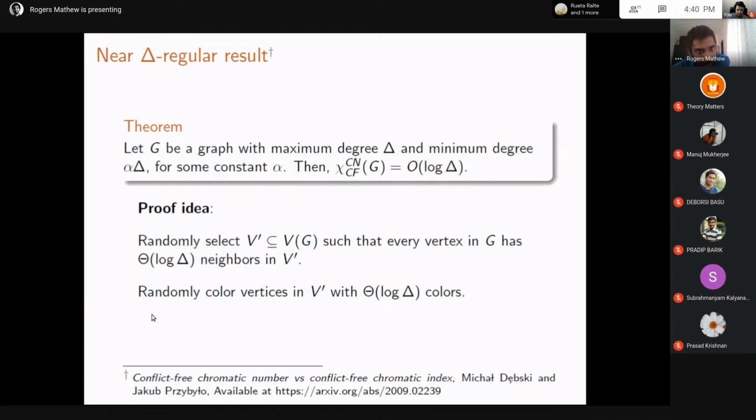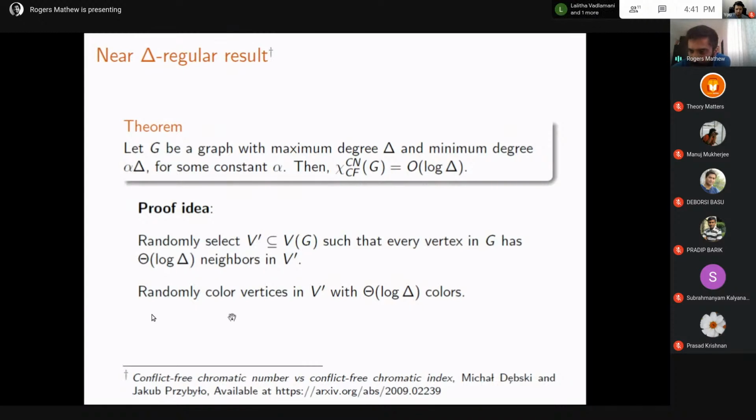Because the original graph is near delta regular, you can get a subset of vertices such that every vertex has near log delta neighbors in that subset. And then the second property is, now you randomly color that subset V prime with some constant times log delta colors.